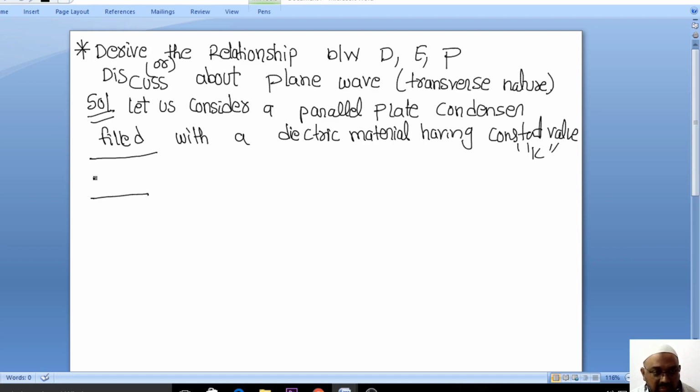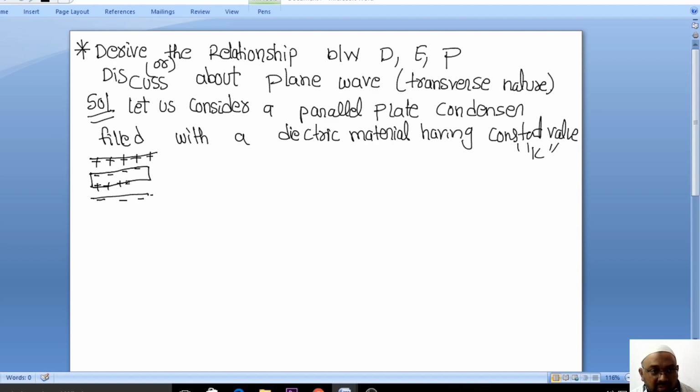In between this parallel plate capacitor, this dielectric material is placed. The parallel plate capacitor will have these charges. Definitely they are metal plates, so they will have these charges, and the charges will be induced here. Near this end you will have minus, and at this end you will have positive charges.